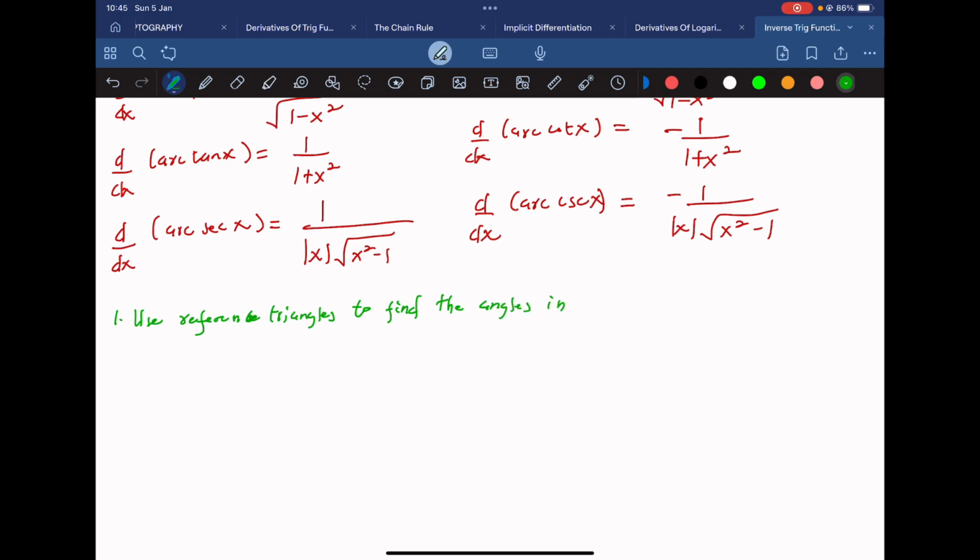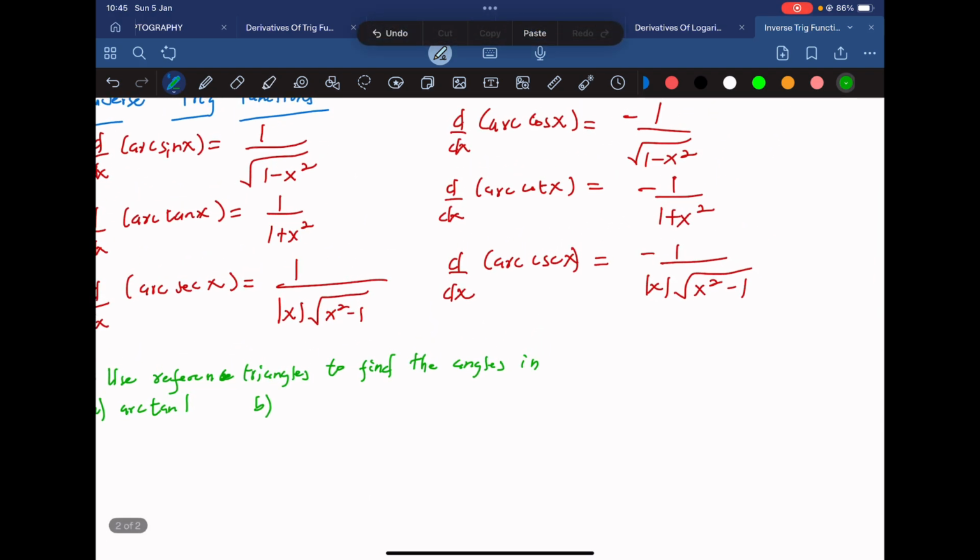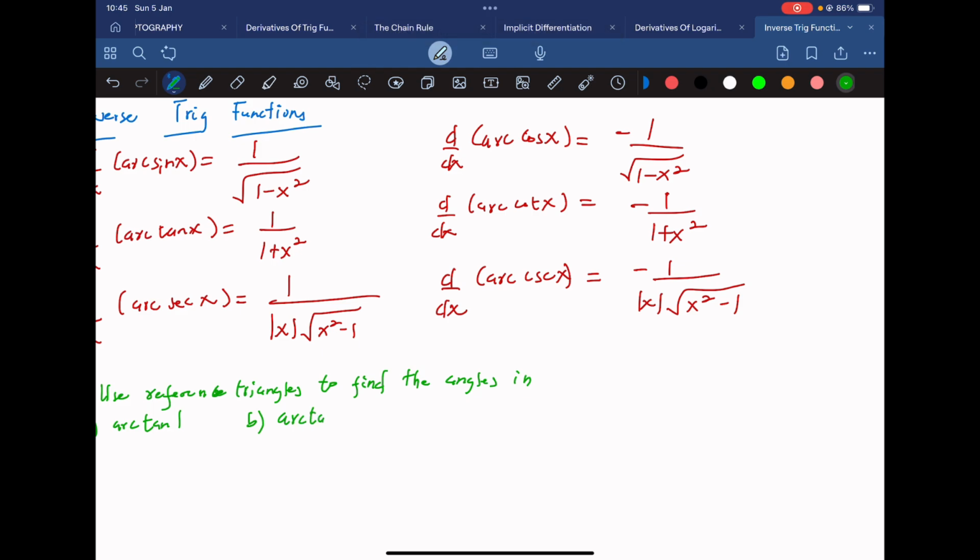In A, we have to find what is arctan of 1. B, we have to find arctan of 1 over root 3. Let me write this well. And C is tan inverse of negative root 3.